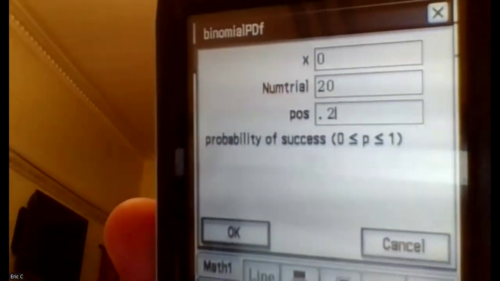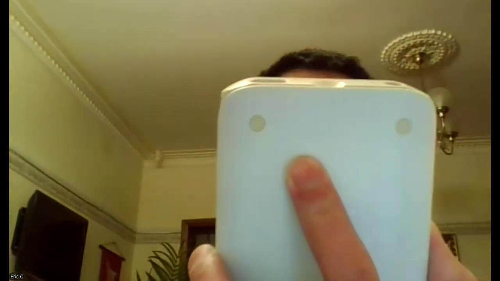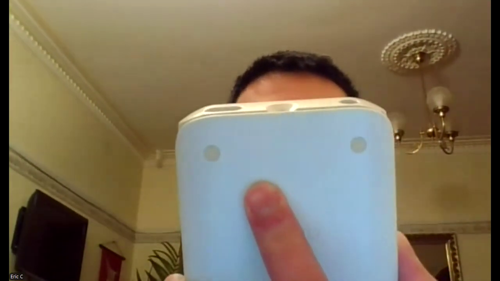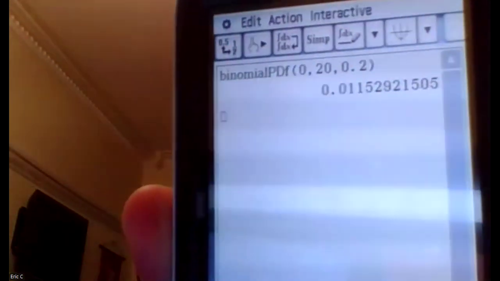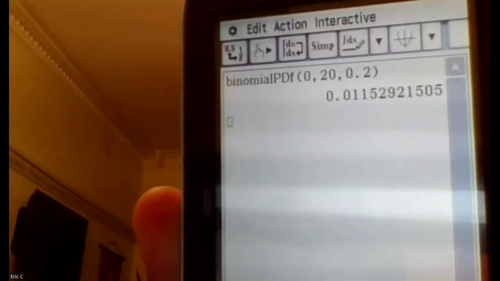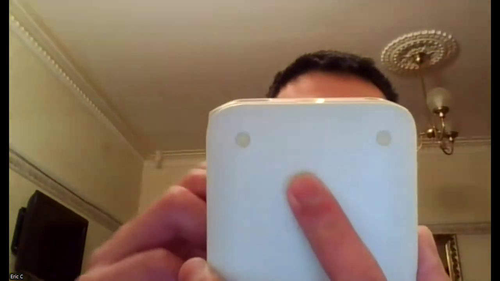For part A, we want X equals 0 because it's an event of no success. Number of trials is 20, and the probability of success is 0.2. Just set it up like this for part A and go OK. So your answer for part A, probability of X equals 0, is 0.01153. So that's for part A.